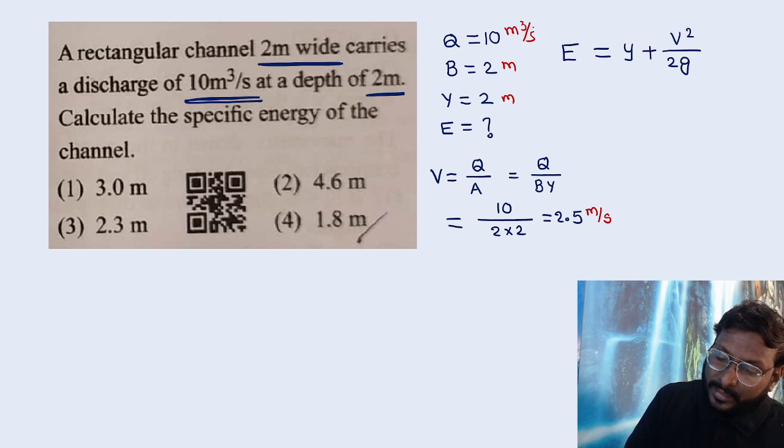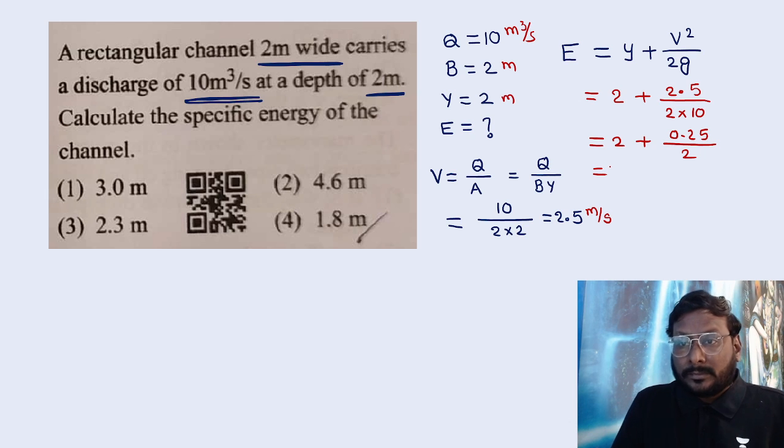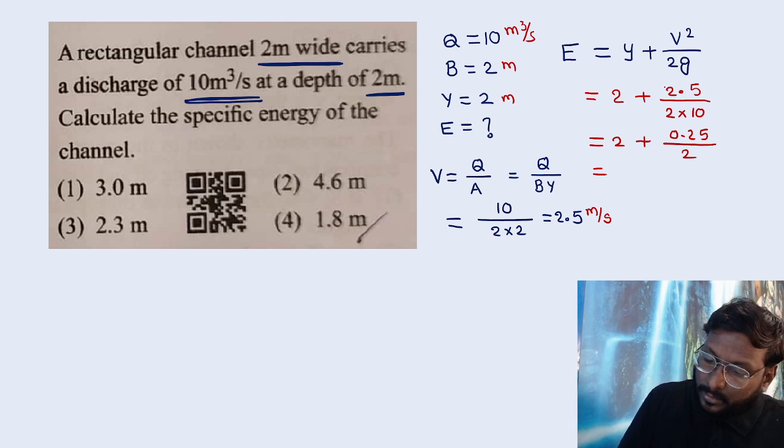So now what is energy? y is 2 meter, velocity 2.5, 2 into g, round off g to 10, no problem. So 2 plus 2.5 square upon 2 into 10. 2.5 square is equal to 6.25.